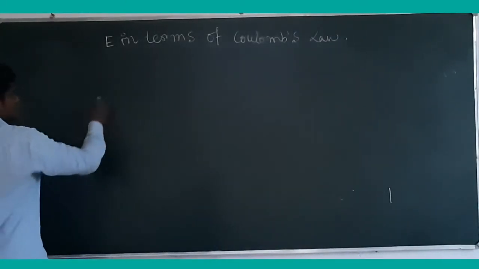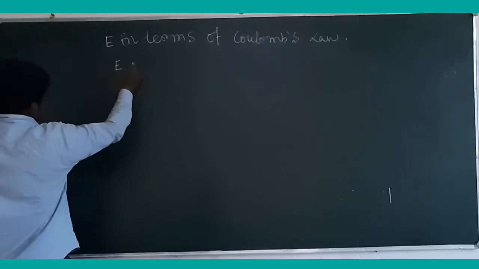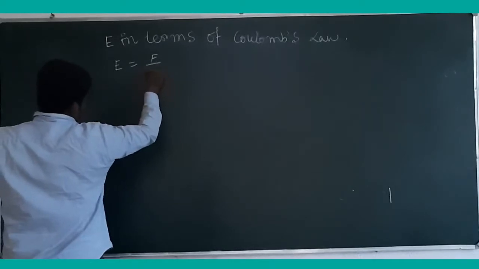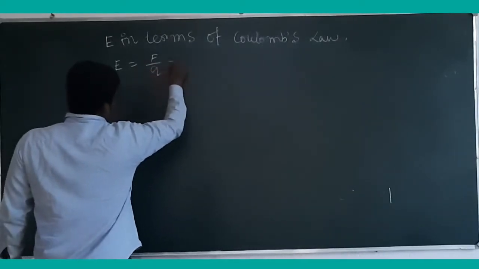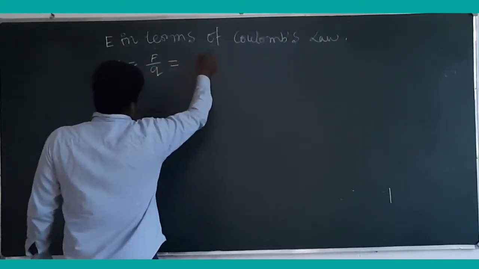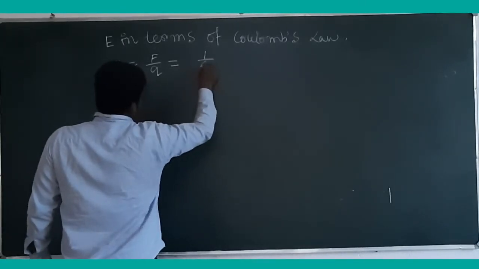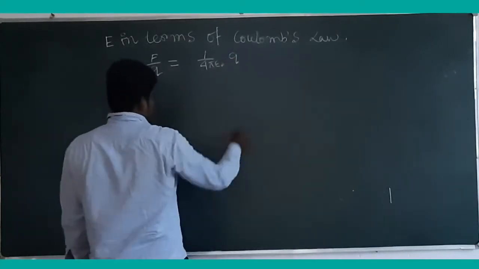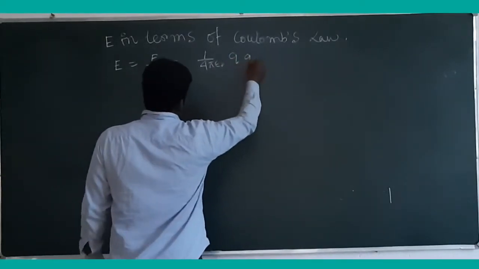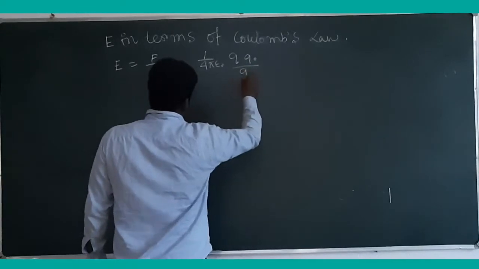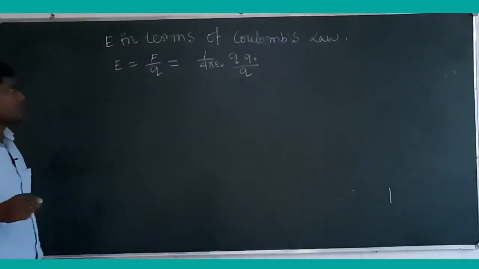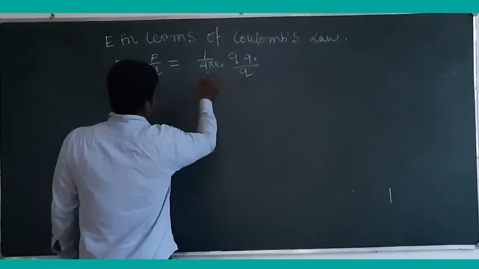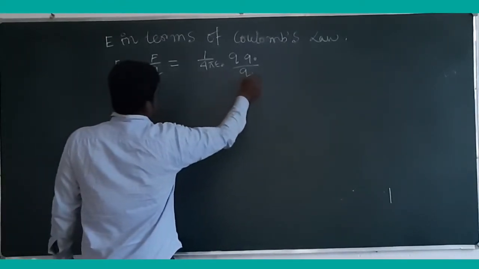So simply we can write E is equal to F by Q. Now F can be replaced by the expression 1 by 4 pi epsilon 0 Q0 Q into R square.